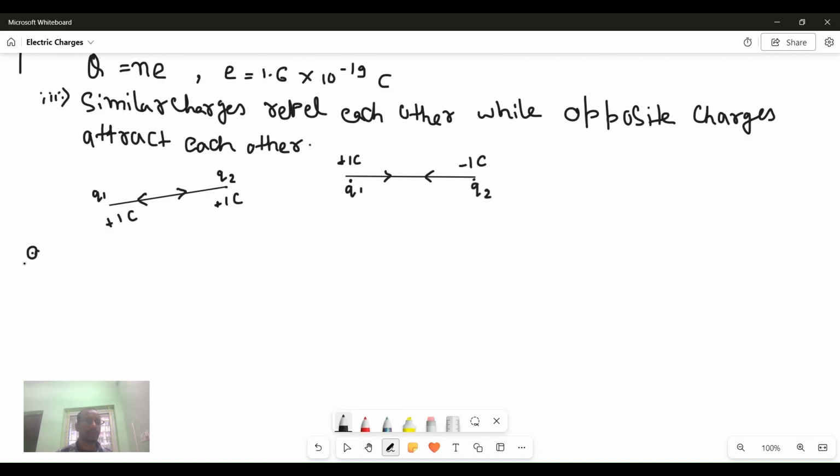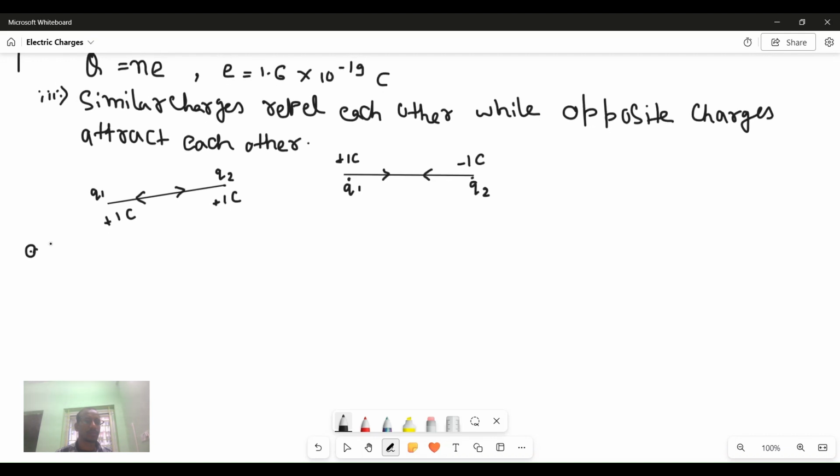Let's start Coulomb's law. Coulomb's law makes an assumption: the linear size of charged bodies is much smaller than the distance separating them. Size may be ignored and the charged body is treated as a point charge.